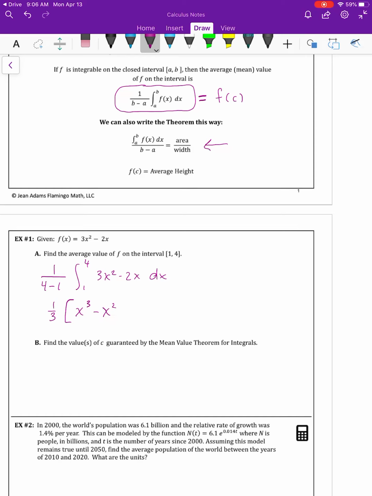And so this would be 1/3. And then if I integrate, I should get x cubed minus x squared from 1 to 4. So 1/3, and then this would be 4 cubed minus 4 squared minus 1 cubed minus 1 squared.